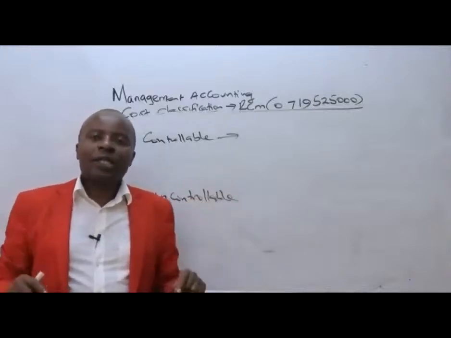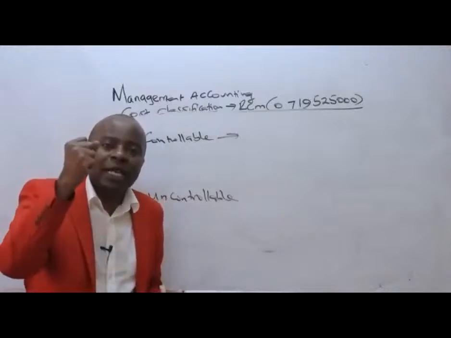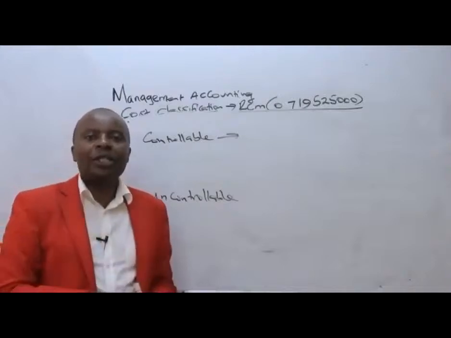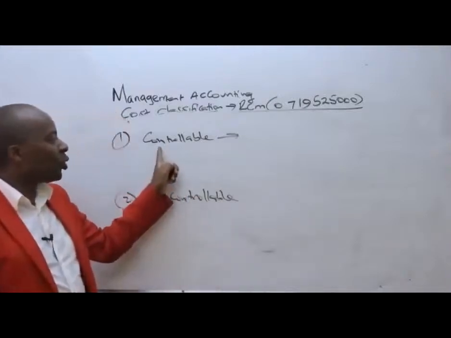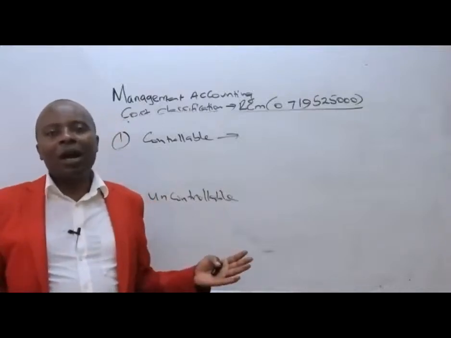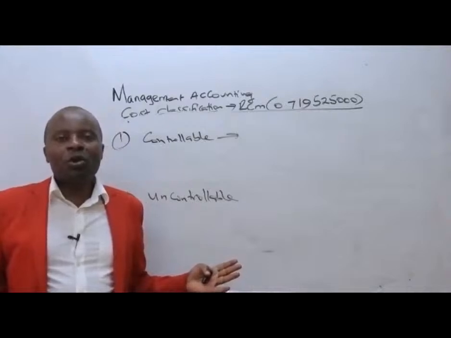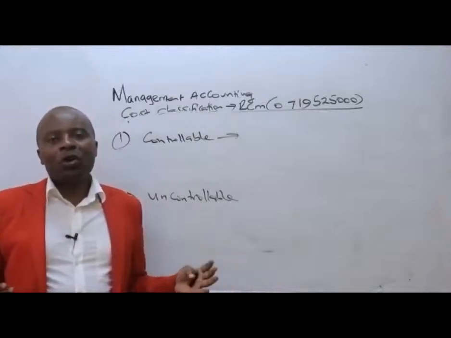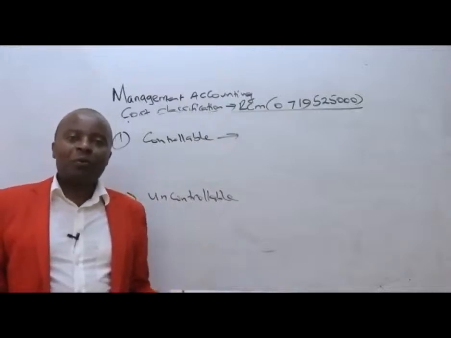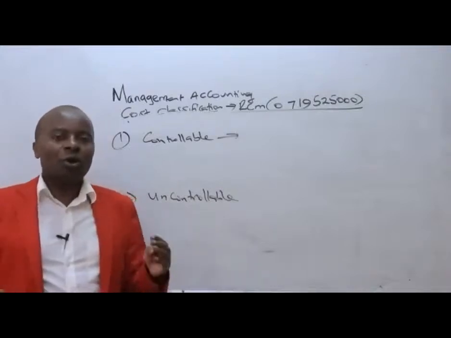There are those costs that, if we say we are going to squeeze them, reduce them, or even make them zero, we don't incur them, then such costs will be called controllable, because it is us to determine whether they will be incurred or not. Controllable costs are costs which are at the arm's length of the management. So it is the management that is going to decide whether they will be incurred or not incurred.